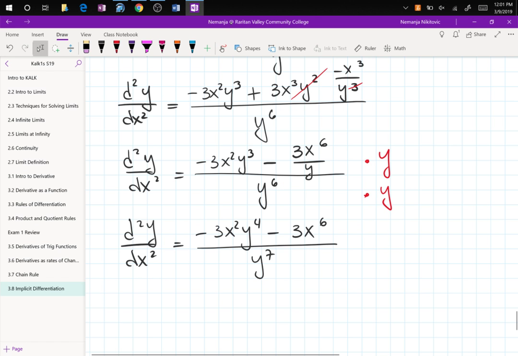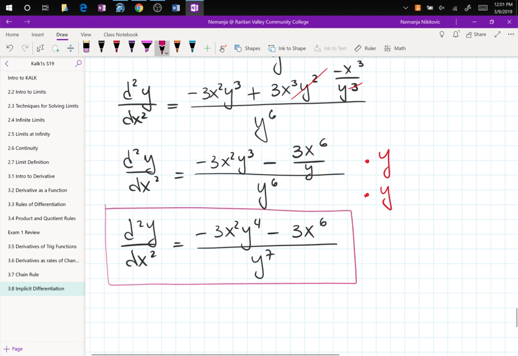I don't know if you're gaining anything by factoring out negative 3x squared, but we can factor. If you factor out negative 3x squared, you are left with y to the 4th plus, because we factored out negative, x to the 4th divided by y to the 7.